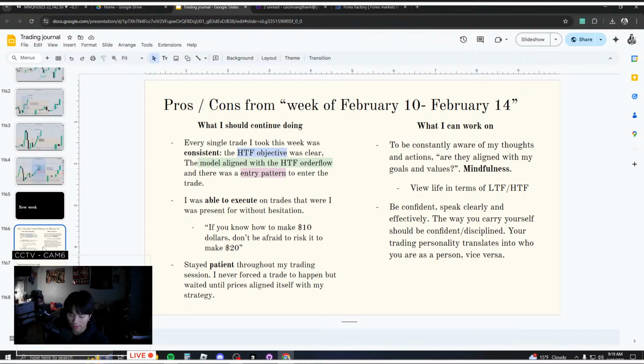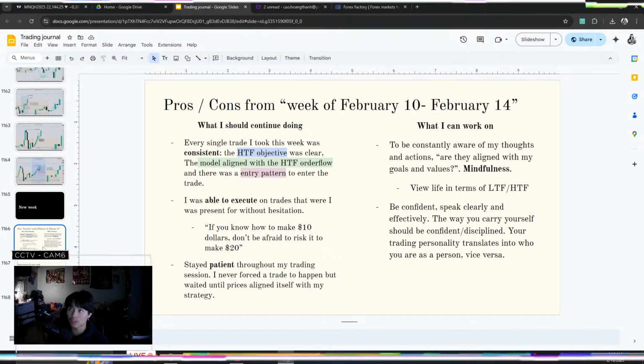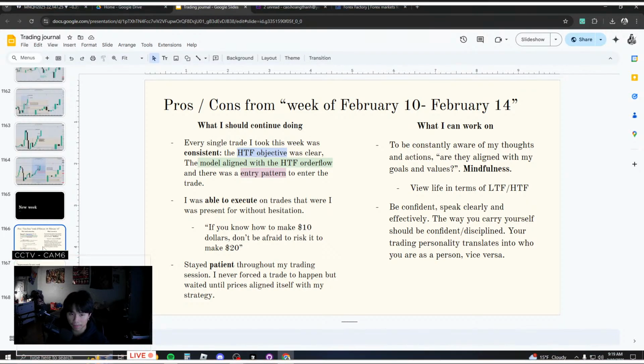It's about how I execute, and how I manage my risk and my emotions whenever I am in a trade. That's the only thing that should concern me. I'm not concerned about whether the trade is going to pan out or not, right? The only thing that I'm in control of is whether or not I execute and how I execute.